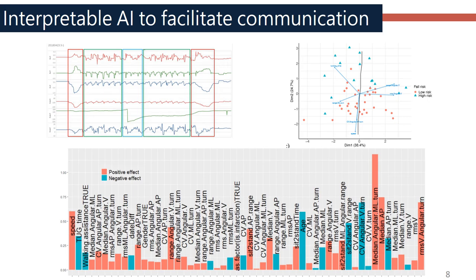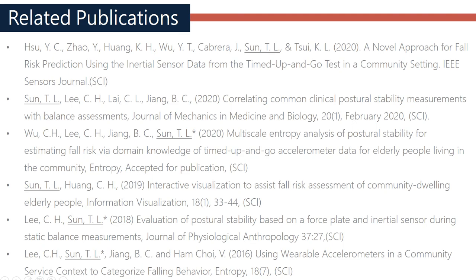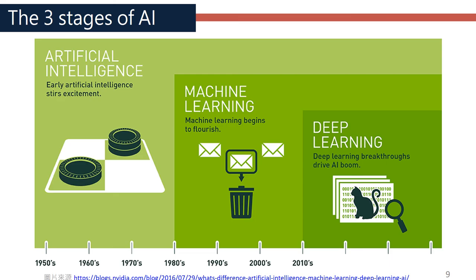So for example, if we want to build a machine learning model to determine balance ability from the sensor data, we can communicate by telling which features are important. Okay, for the details, we published this result in IEEE Sensors. If you are interested, you might take a look at the paper.